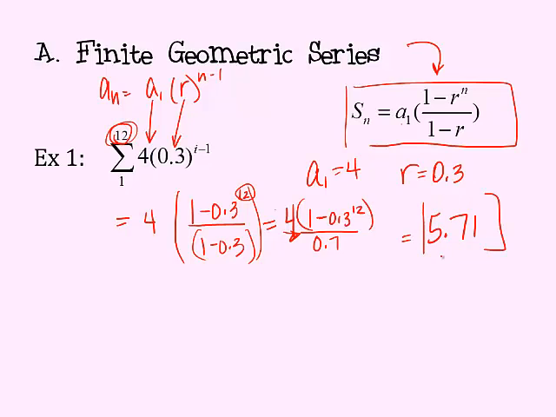Now, let's pretend just for a moment that the equation was this. Notice the r is a negative value. So let me give you a warning. When you're putting this in the calculator, make sure you do not change the sign right here.